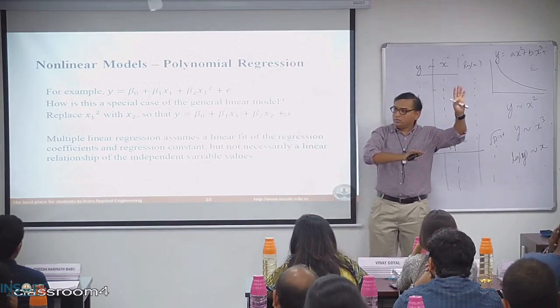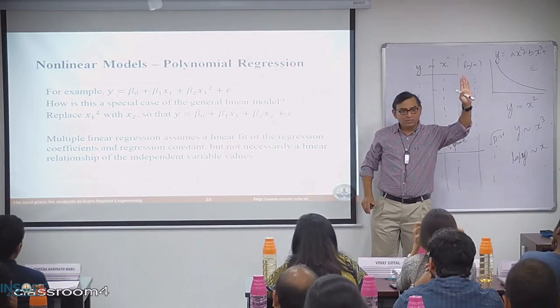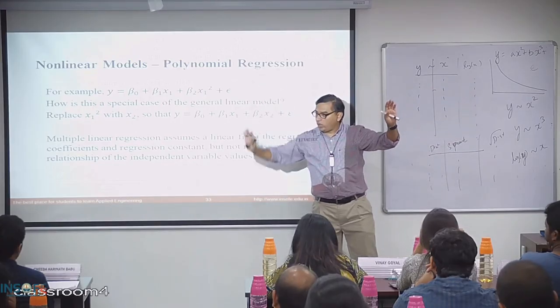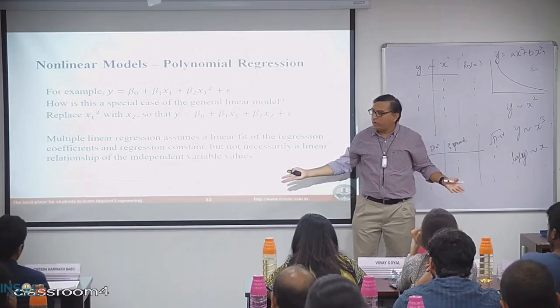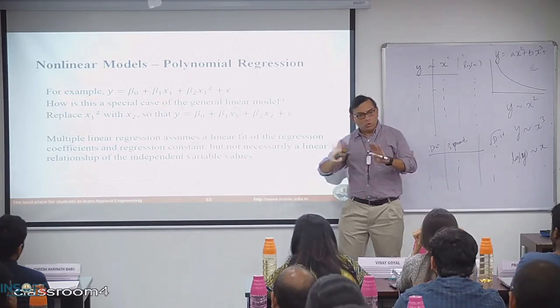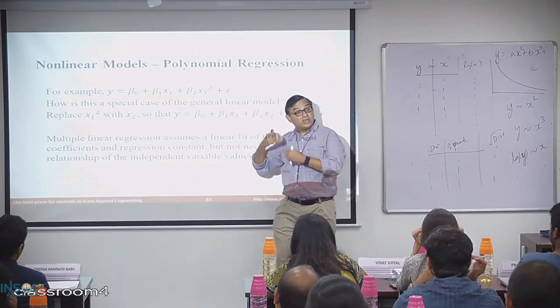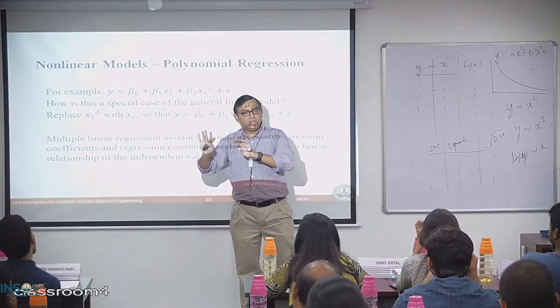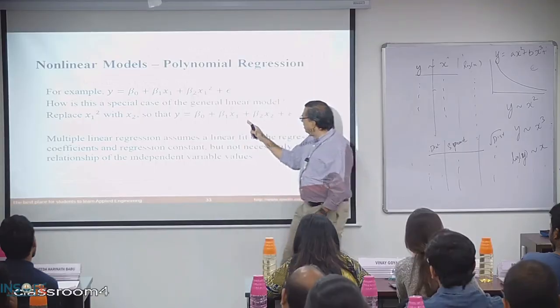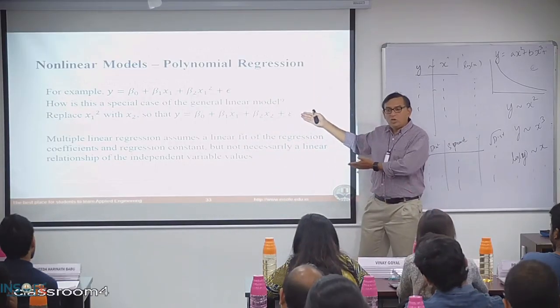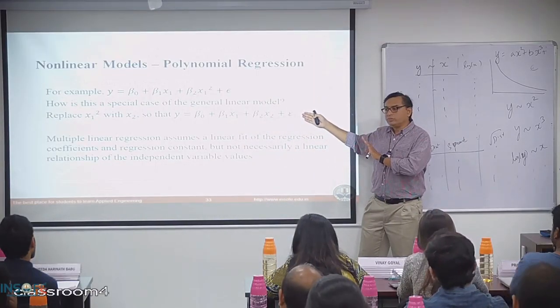Cube it, label that column as x3. Now it looks like y, x1, x2, x3. That's multiple linear regression. So I can totally do any polynomial because I can convert a polynomial equation into a problem of multiple linear regression. Just rename each column, and suddenly you have a simple multiple linear regression.